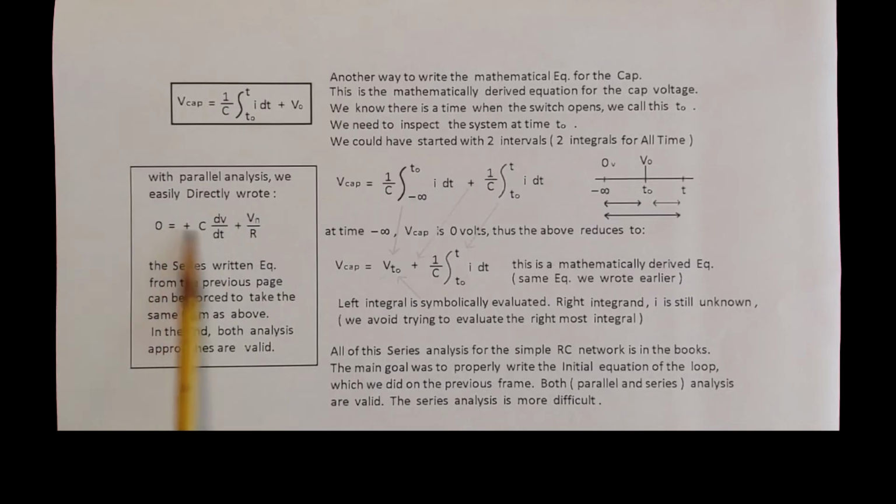This equation here was written directly using node analysis, and in the next frame we're going to look at the KVL equation, and we're going to put it into this same format, because both analysis approaches, node and series analysis with KVL, are both valid.